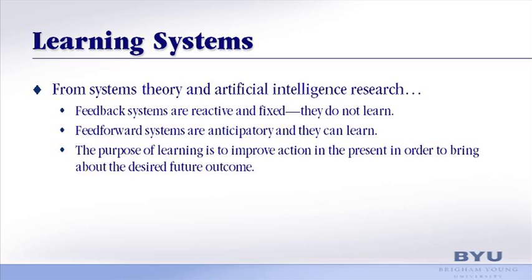And they can also learn or adapt. And the interesting thing here, I think, is that the purpose of learning is to improve the future, so that I can act better in the moment in order to bring about or influence a desired future outcome. So I know what to do now to make something else happen, okay?